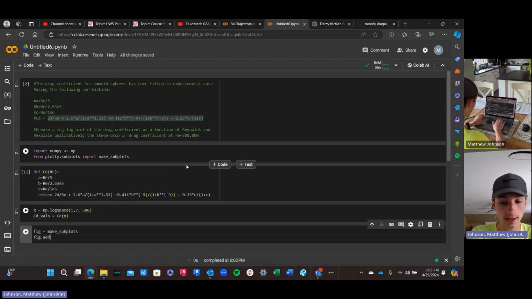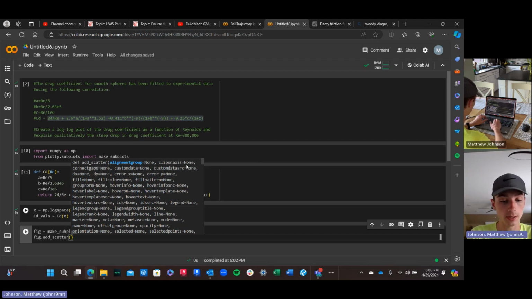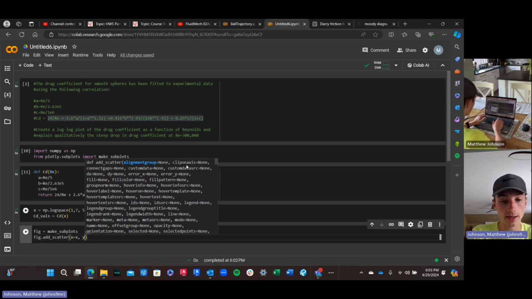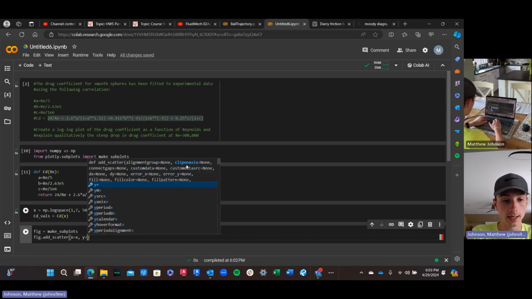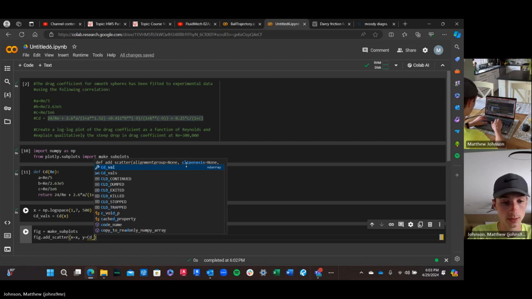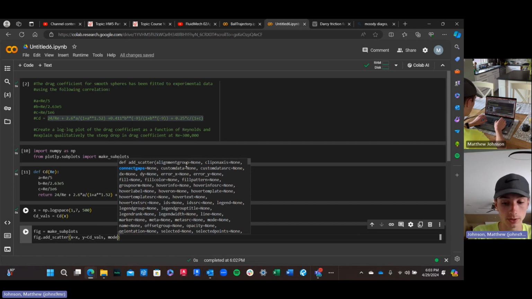Big dot add scatter. And we're going to want our X values, our Y values as our CD values, yeah. And then we'll put this in line mode.